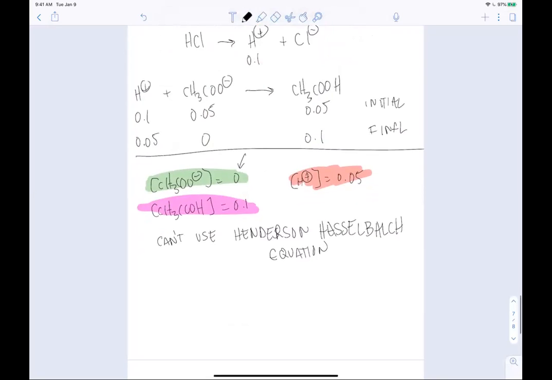So now we have to treat it like any other acid-base problem that we've learned before, where you would say, what is the pH of a 0.1 molar solution of acetic acid that's also 0.05 molar in H plus? And more than likely, the pH is just going to be equal to the negative log of the H plus concentration.